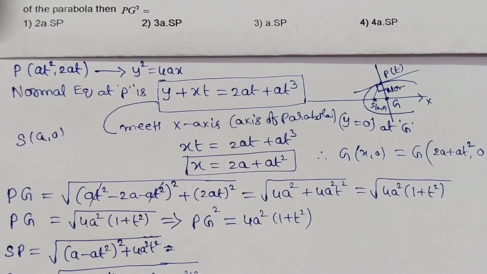So now, square root, this can be written as a² into (1 plus t²) whole square.